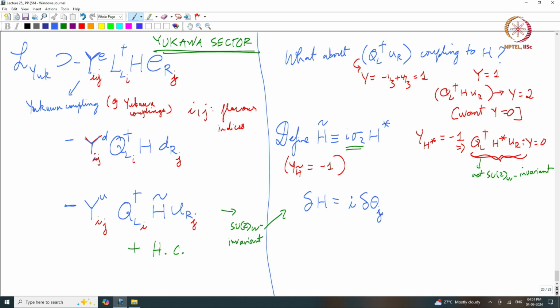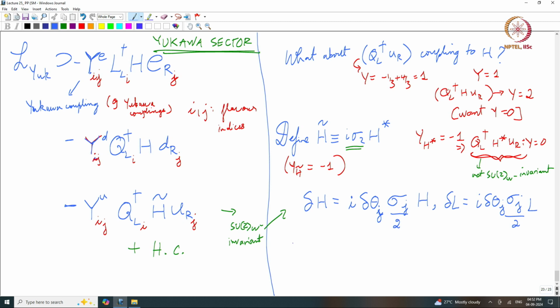I'm going to write a j here as an index so that you don't confuse it with the i outside. I should hit this with the generator, the Pauli matrix sigma j divided by 2, right? So that's my infinitesimal transformation. Of course it applies for every field, okay? So both the H and the L under SU2 transformations go like this. Clear?